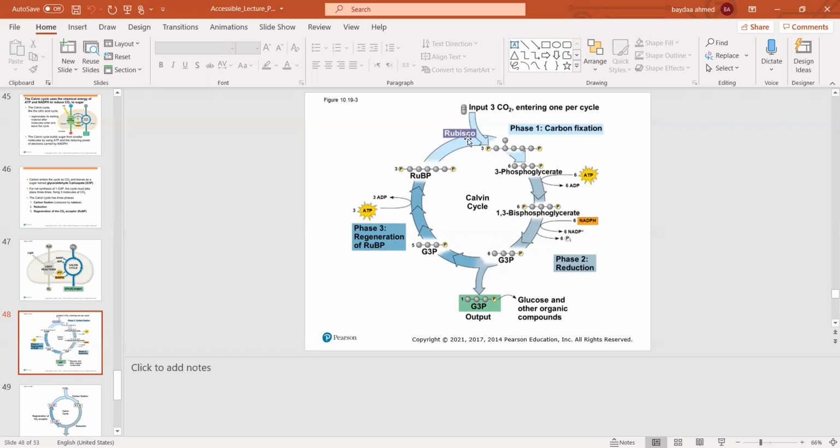These continue toward the original input of three molecules of carbon dioxide.